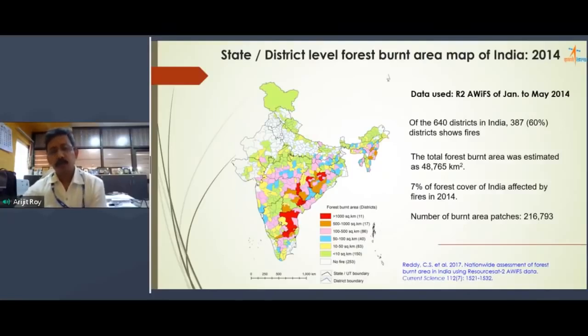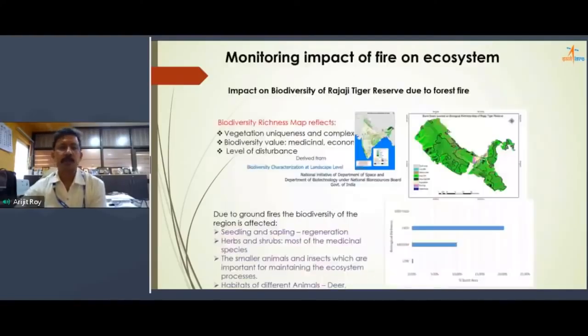Since we are able to prepare a map, we are able to identify the district level burn map across the country, which is done by the National Remote Sensing Center. And apart from that, the impact of forest fires on the ecosystem can also be identified.